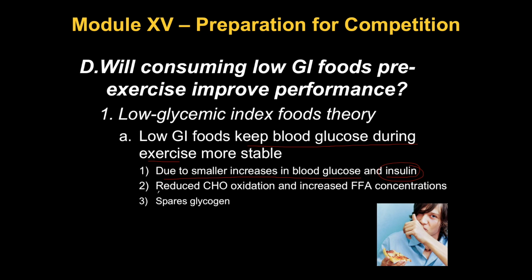This will reduce our carbohydrate oxidation and hopefully increase free fatty acid concentration, which then would spell a sparing of muscle glycogen, which if we can spare muscle glycogen, then we can prolong the time until we end up being fatigued as a result of glycogen depletion.